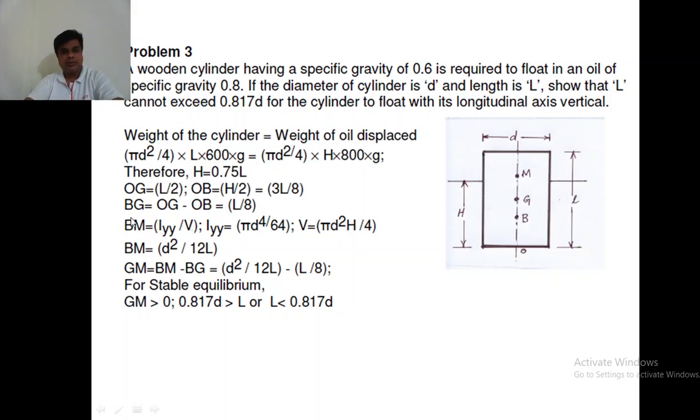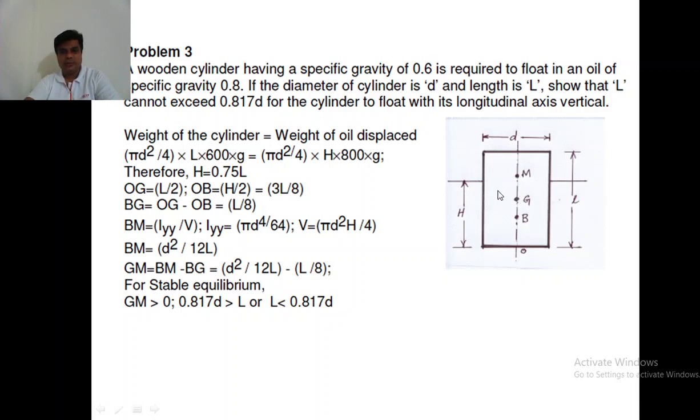Then you have to remember the stability of submerged bodies and the stability of floating bodies. In floating bodies we have the metacenter and metacentric height, and using the analytical method we can calculate the metacentric height, or GM value.